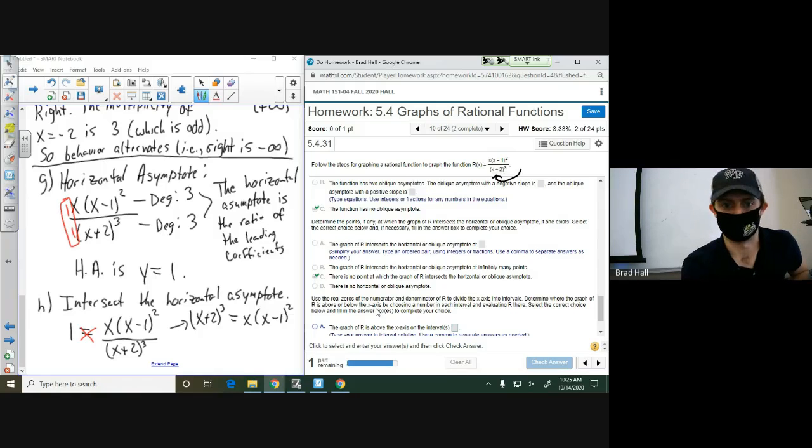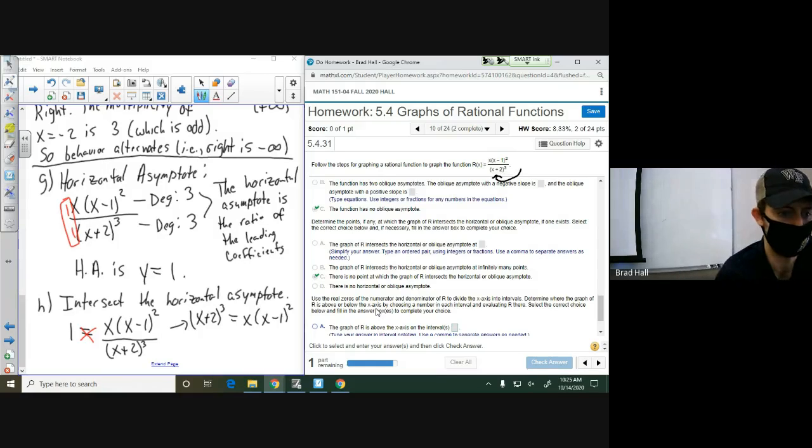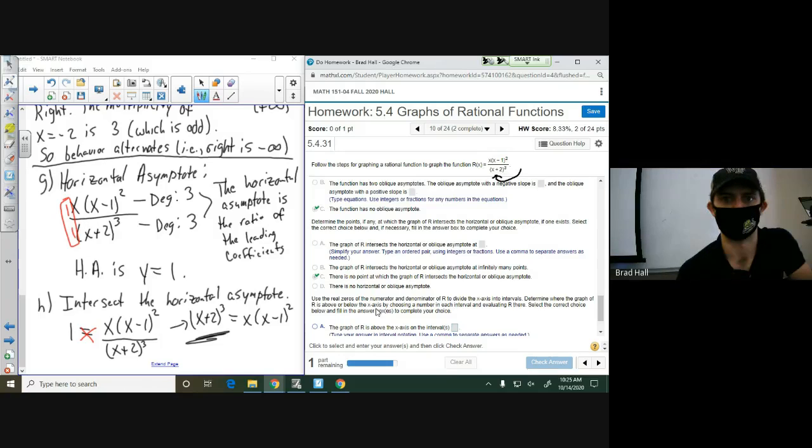The good rule of thumb is that the majority of the time there's not going to be a point of intersection, not in the scope of this class. And if it does come up, it'll probably be a really simple computation to solve. This computation is a little bit excessive, and I wouldn't expect you to do that.